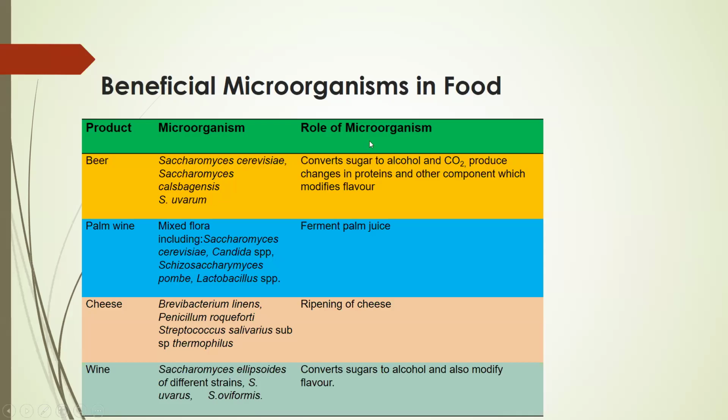What role do they play in converting cereals to beer? They convert the sugar in cereals to alcohol and carbon dioxide. I already said that earlier. They also produce changes in protein and other components that modify the flavor of the beer.